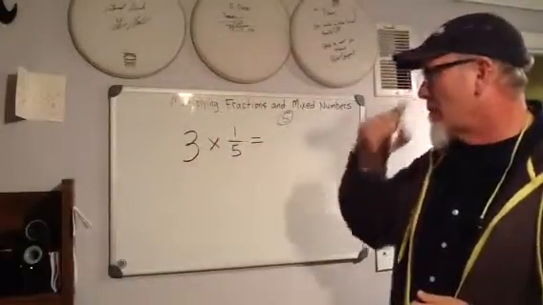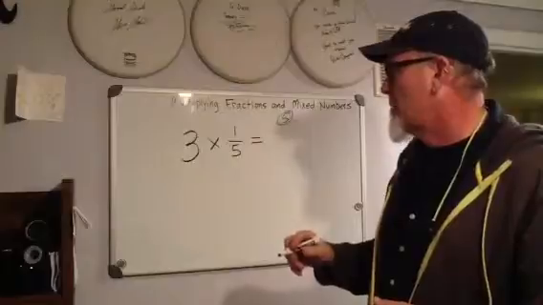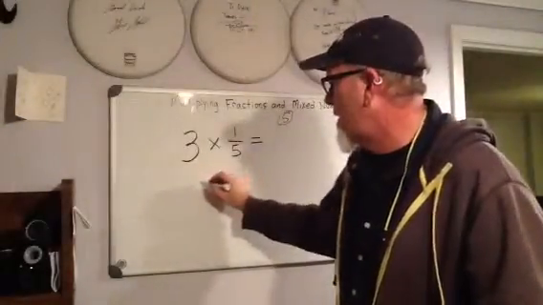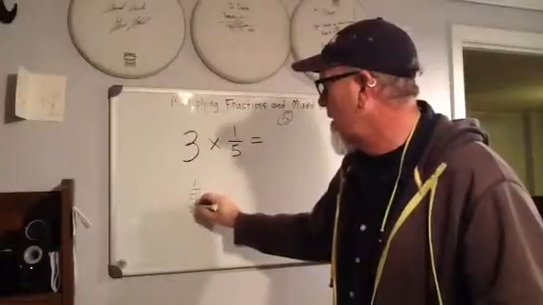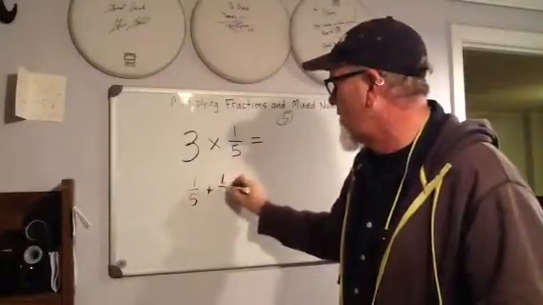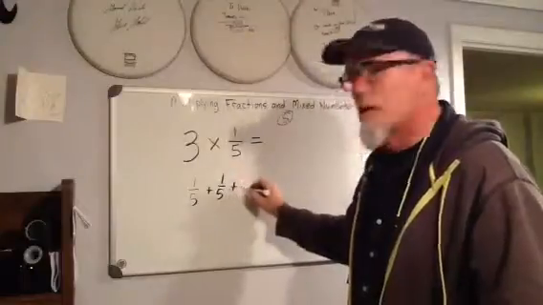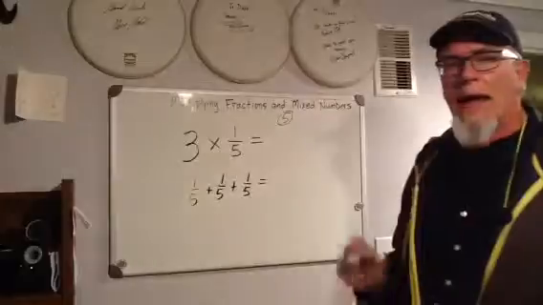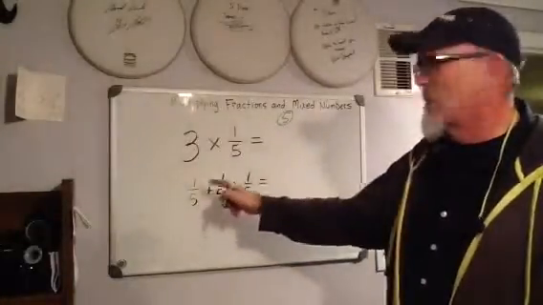Now that's pretty easy because we have 1/5 plus 1/5 plus 1/5. And of course we know how to add that, because we've done this before.